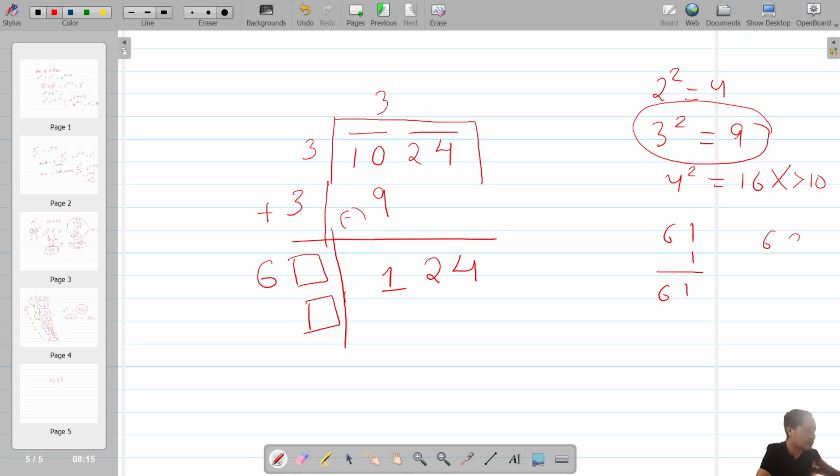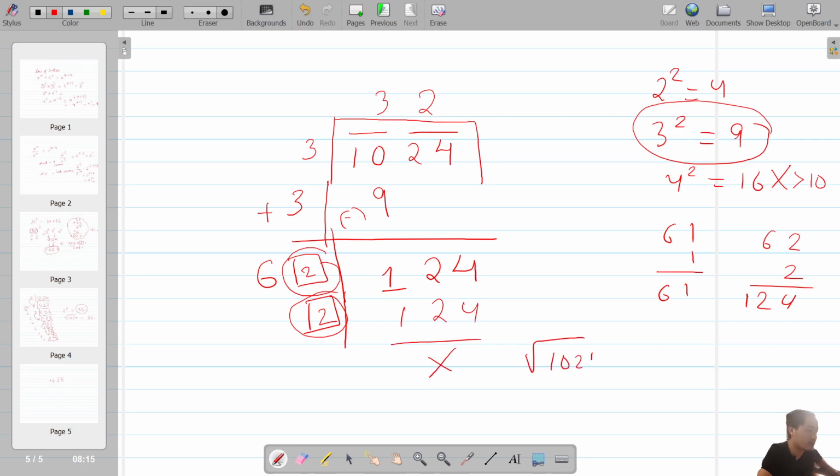I will not take that one. 62 into 2 is 2 2s are 4, 6 2s are 12. Right? So if I put 2 here and 2 here, that means whatever you put here must be inserted here too. So you will write down 32, 124, and hence you will get the square root of 1024 by the long division method as 32 once again.